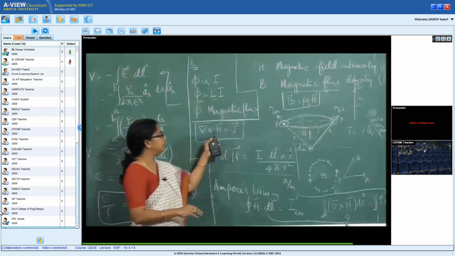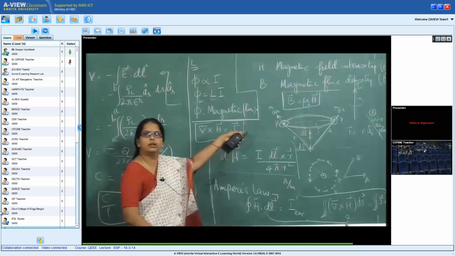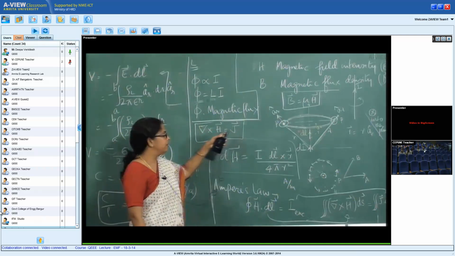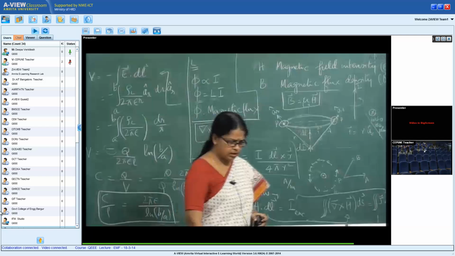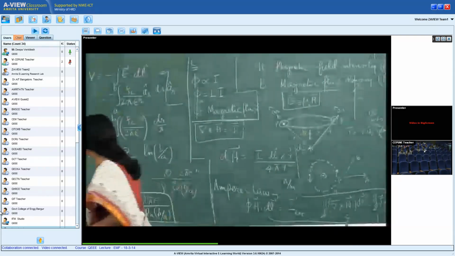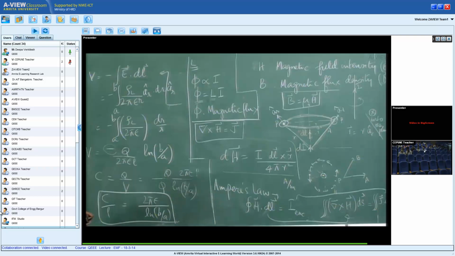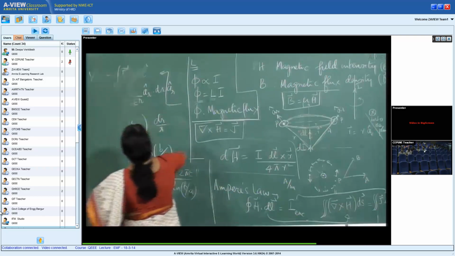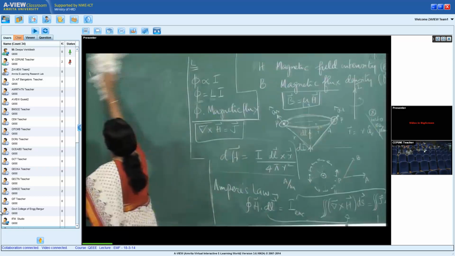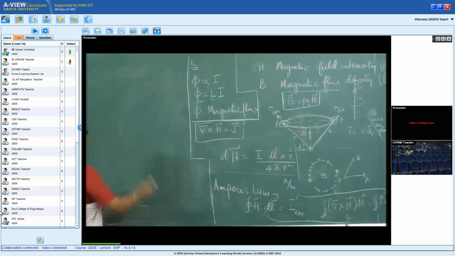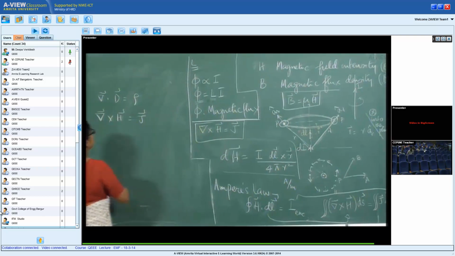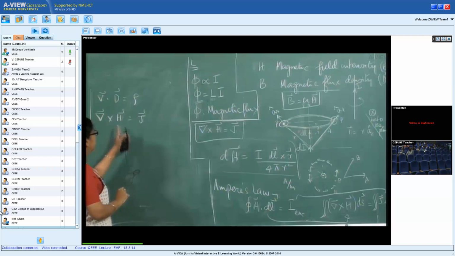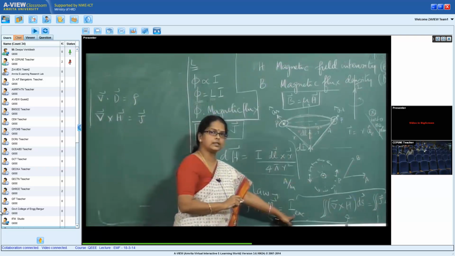The moment you have electric field or magnetic field variations, there will be a slight modification here that we will deal with later, but for magnetostatics the Maxwell's equation is curl of H is J. So to summarize the Maxwell's equations that we know until now, we know the Gauss law and we know the Ampere's law, in the point form. The integral form is this.